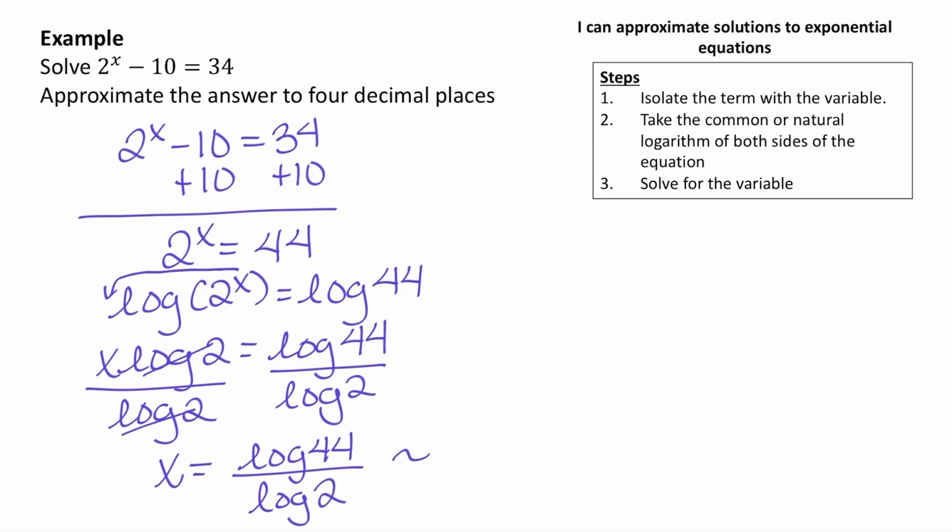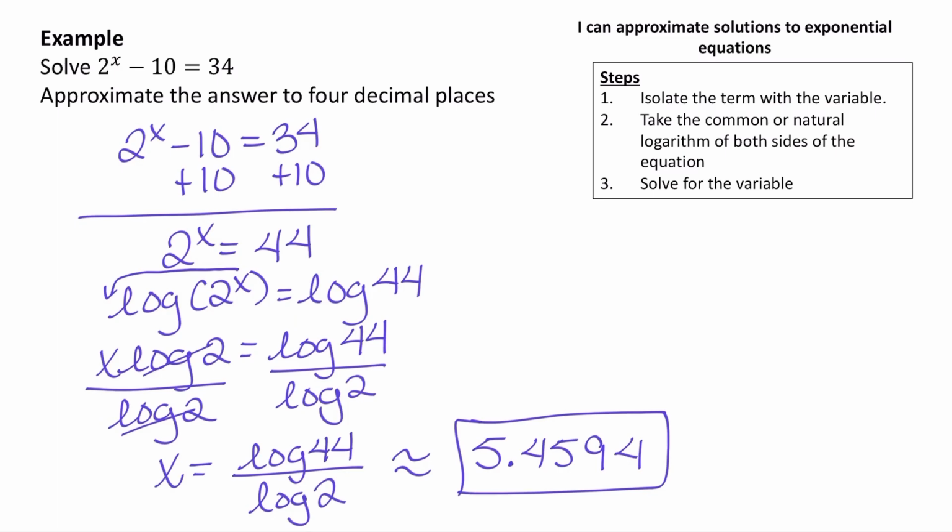I can approximate this on my calculator. I'm going to do log 44, hit enter, and then divide by log 2. That gives me a decimal that I can round to 4 places: 5.4594. And that is my approximate solution.